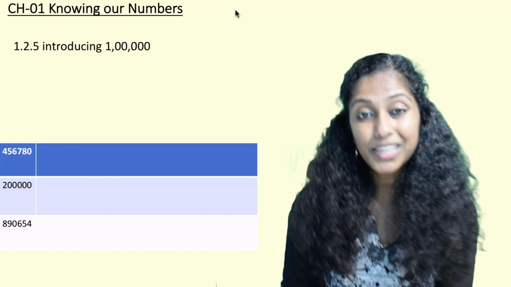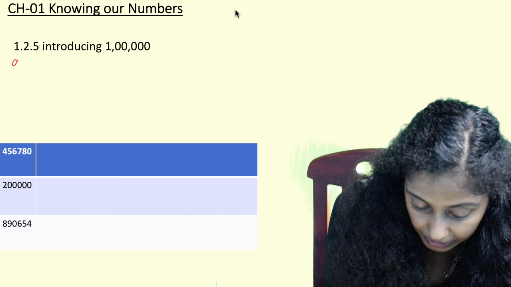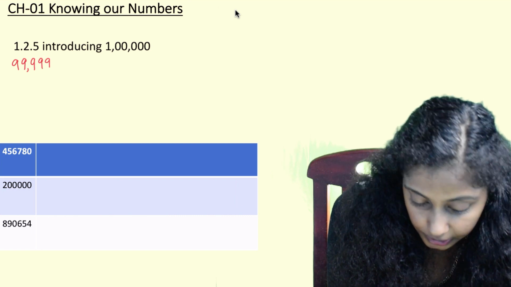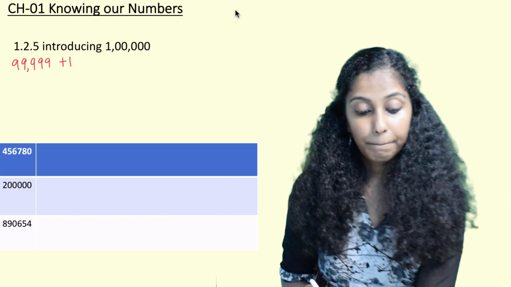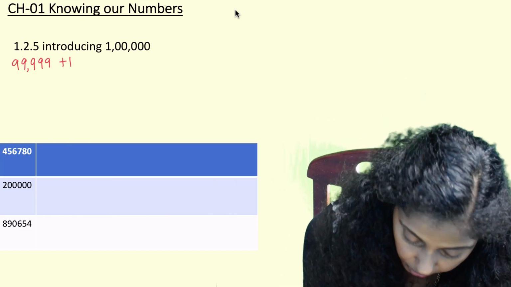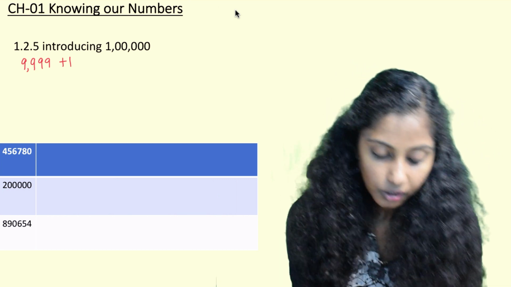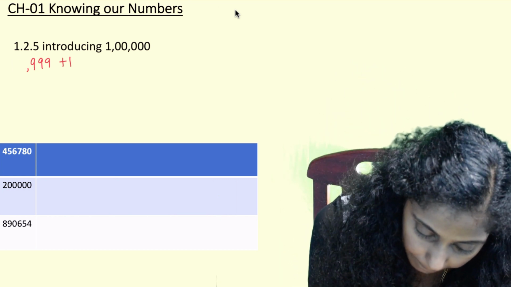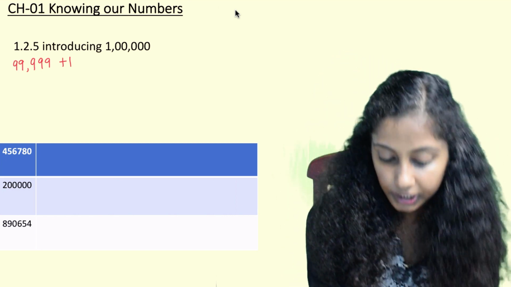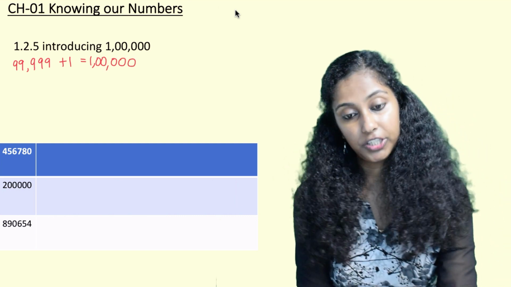Now let us see 1 lakh. So just as we saw previously the pattern. When we write 99,999, that is the largest 5-digit number. If we write the largest 99,999 plus 1, then we get 1 lakh, which is the smallest 6-digit number.